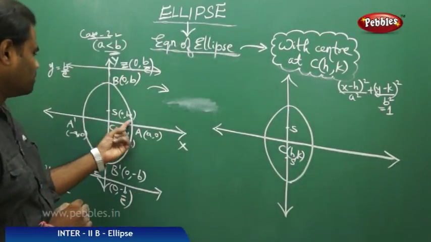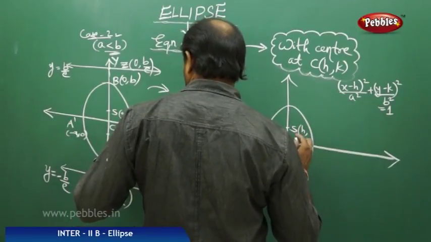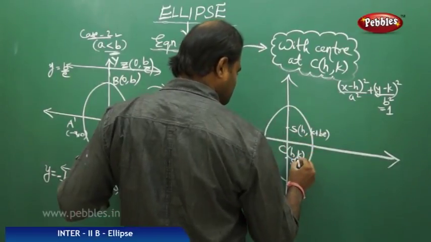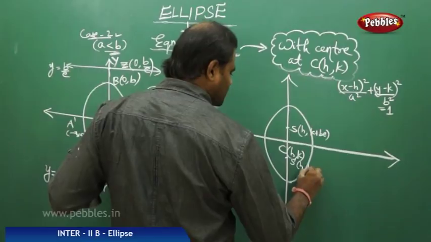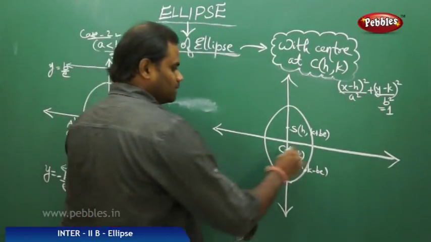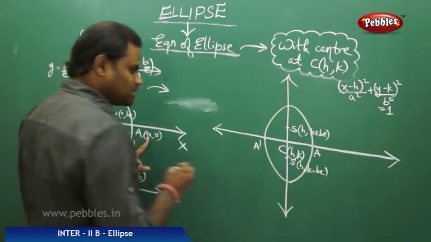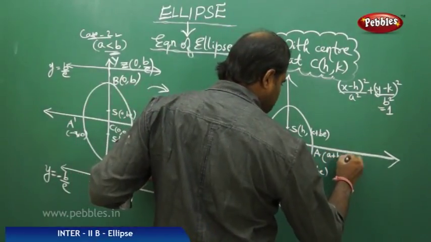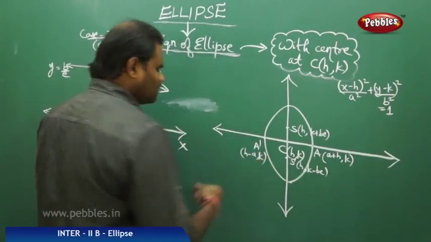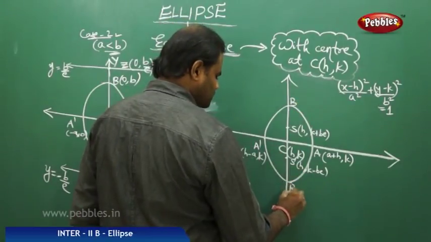Now as I have this (0, b), my x minus h equal to 0 reduces to this, and y minus k is k plus b, and this would be (h, k minus b), which I get for the foci. Then A and A dash get transformed to (a plus h, k) and (h minus a, k), and this would be B and B dash.